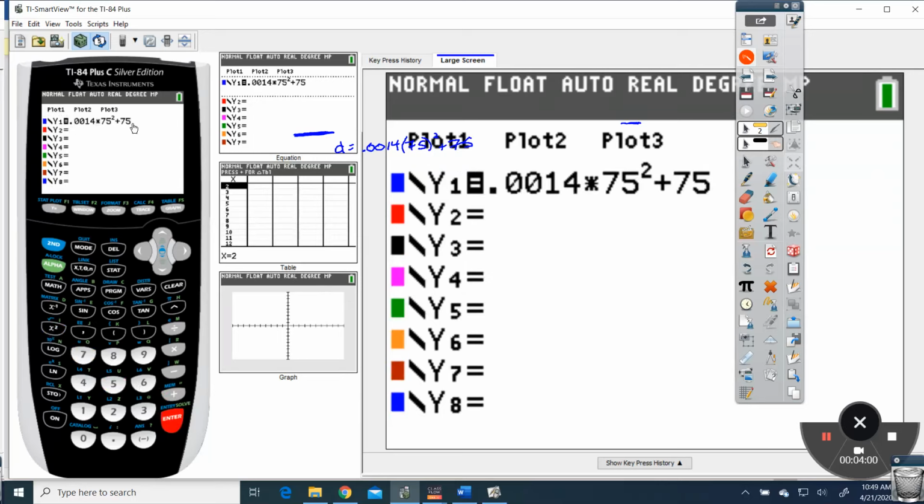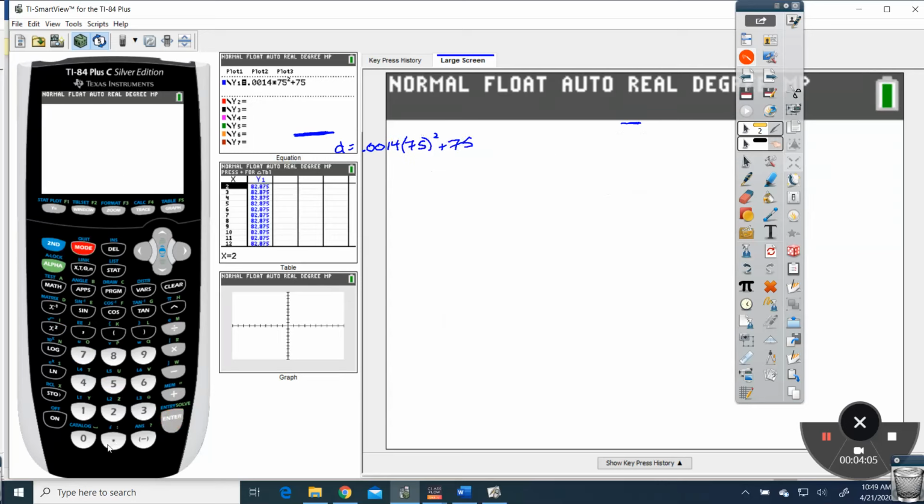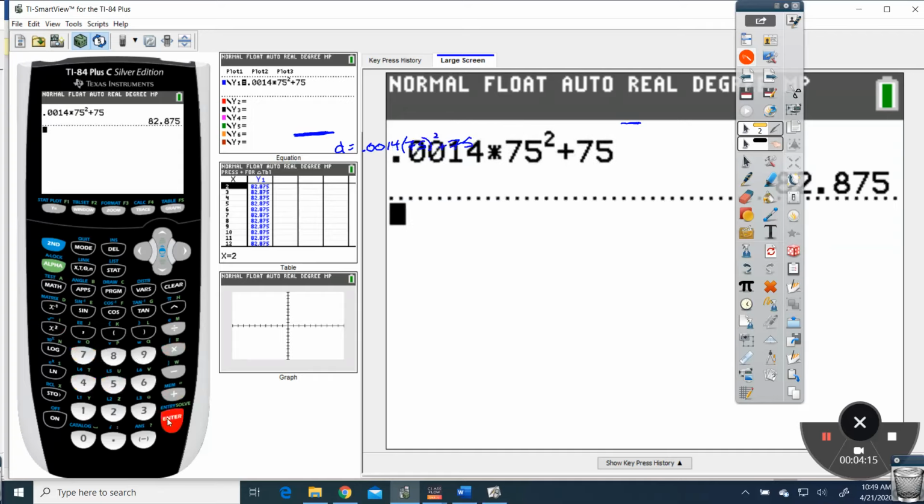Oh, that's not the place I wanted it. So 0.0014 times 75 squared plus 75, enter. So 82.875 feet.